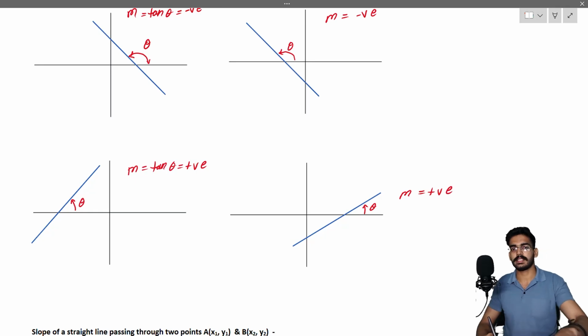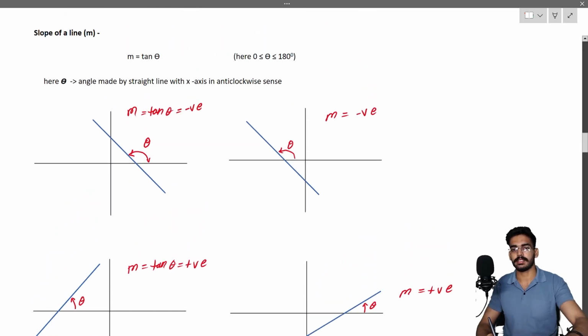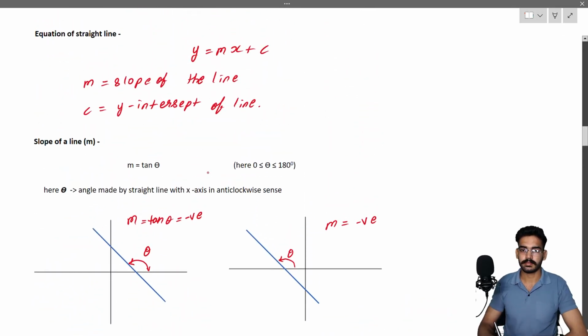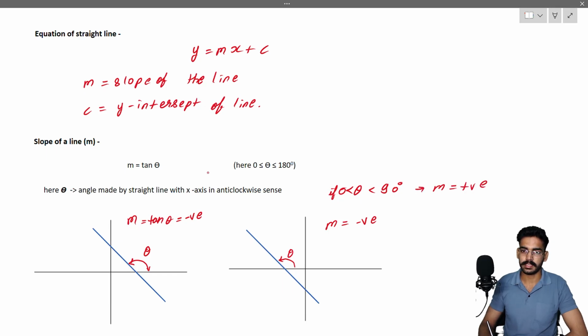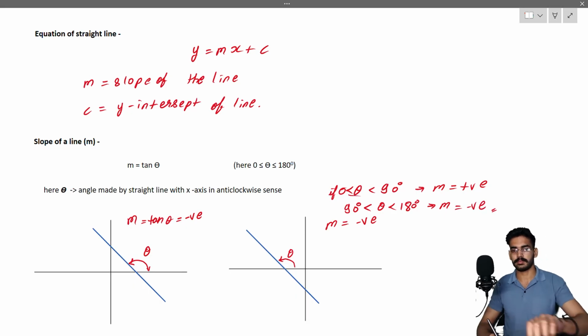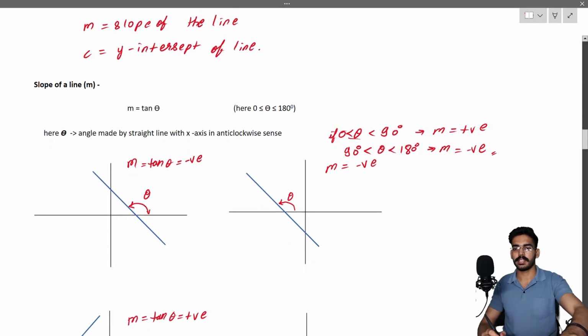So if theta is between 0 to 90, then m is positive, and if it is between 90 degree to 180 degree, then m is negative, because tan theta between 90 to 180 is negative.